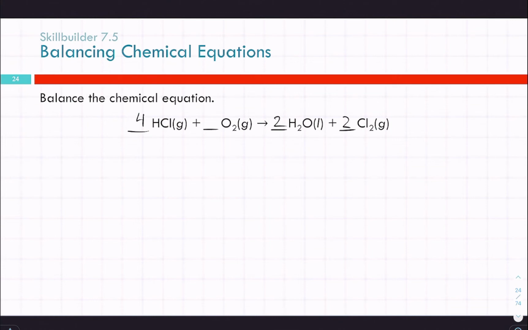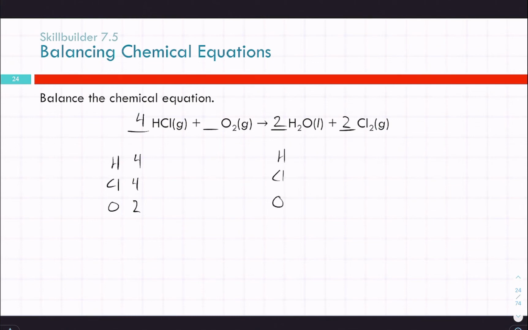So that changes our chlorine again. So again, quickly go through hydrogen, chlorine, oxygen. And this is 4, 4, and 2. We'll do hydrogen, chlorine, oxygen in the same order.